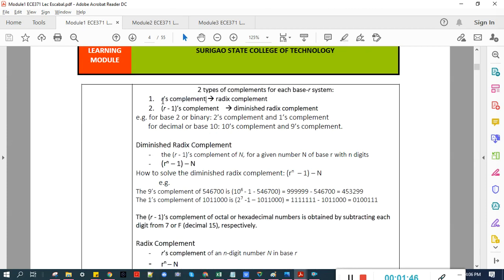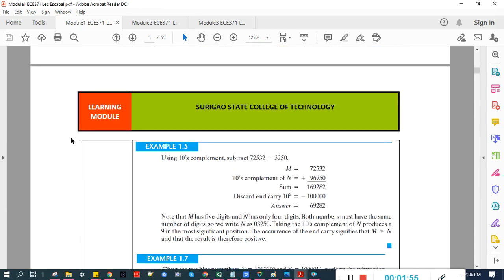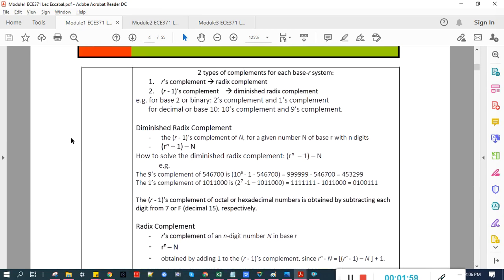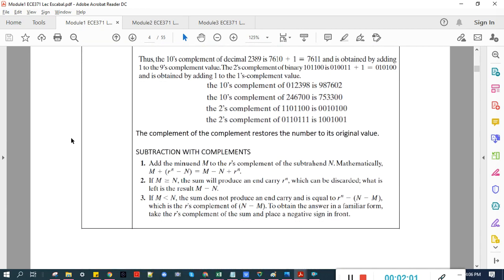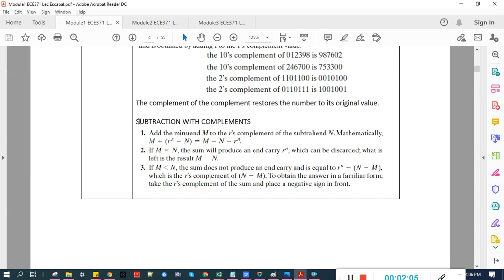So we need to evaluate r's complement in binary, which is the 2's complement. To do that, we need to follow the steps. We have the steps for subtraction with complements.